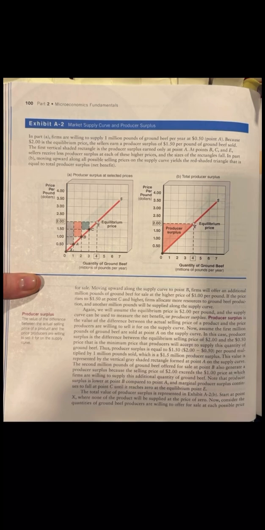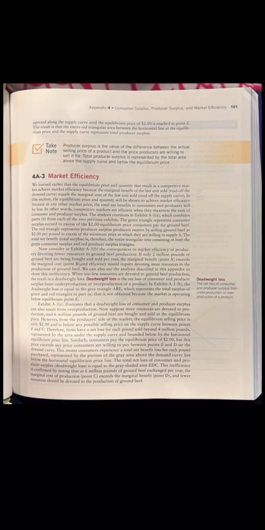The total value of producer surplus is represented in Exhibit A2B. Start at point X, where none of the product will be supplied at a price of 0. Now consider the quantities of ground beef producers are willing to offer for sale at each possible price along the supply curve until the equilibrium price of $2 is reached at point E. The result is the entire area between the horizontal line of the equilibrium price and the supply curve, which represents the total producer surplus.